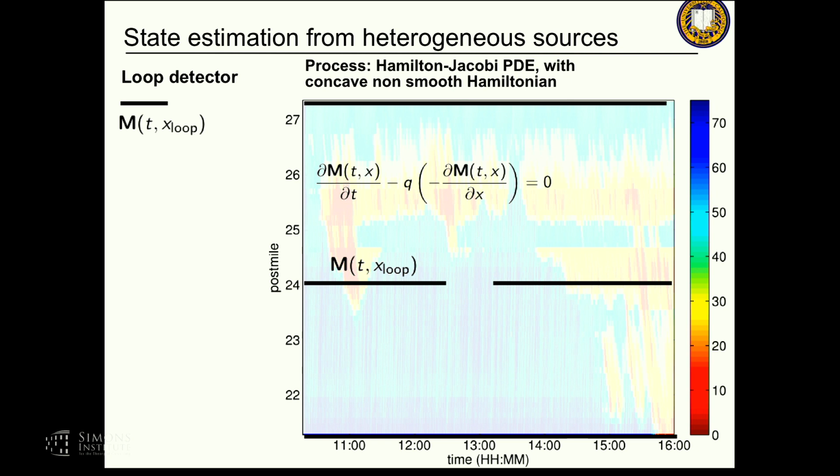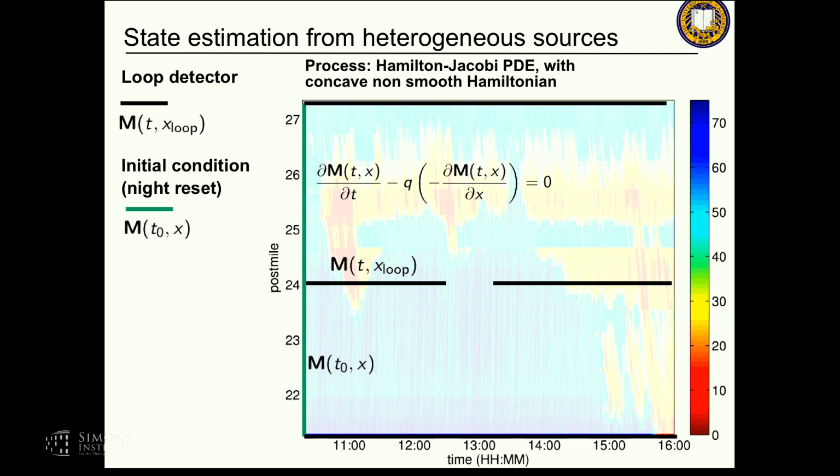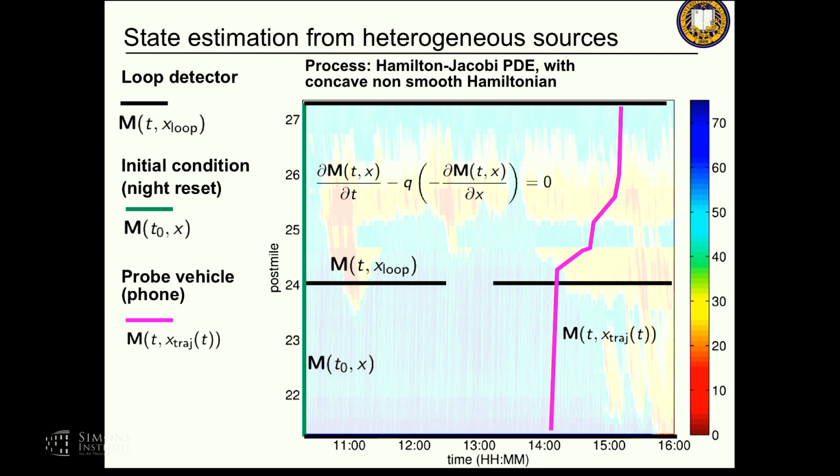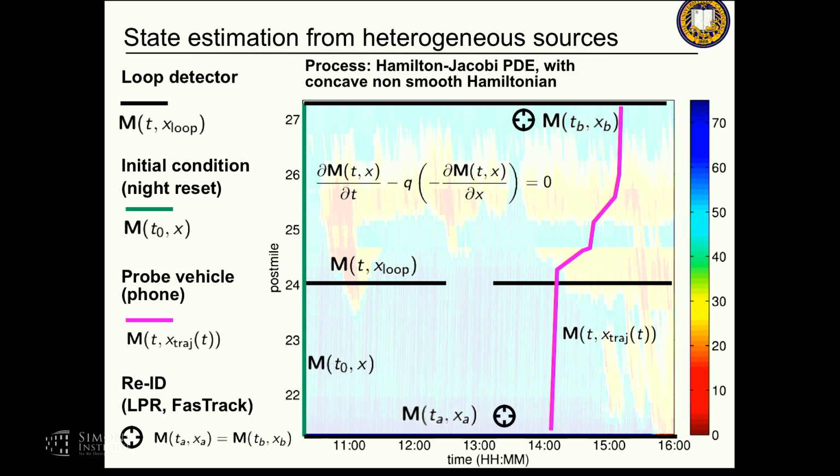If you're using loop detector data, you can initialize the value of the function if you have an assumption of what traffic is like at midnight when the freeway is nearly empty, and looking at the models, that function is constant along a trajectory, assuming that you can ignore people passing each other, which again is an assumption that sometimes is valid, sometimes isn't, but then provides you an isoline of the function, and if not, at least the fact that this car being the same as that car says that the function is the same.